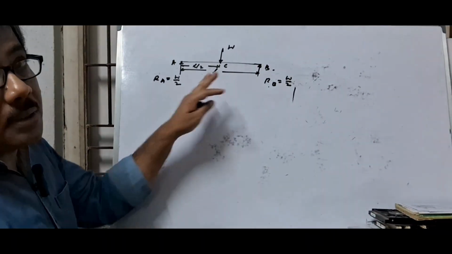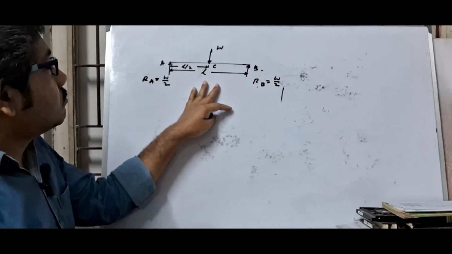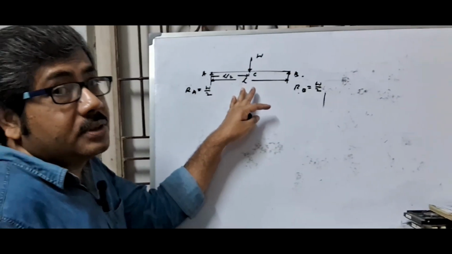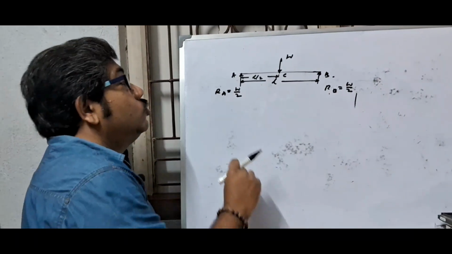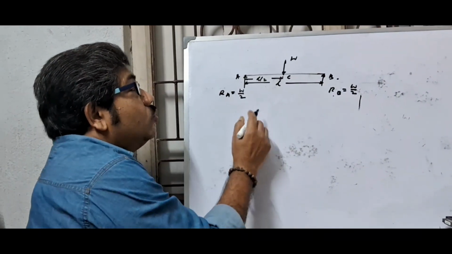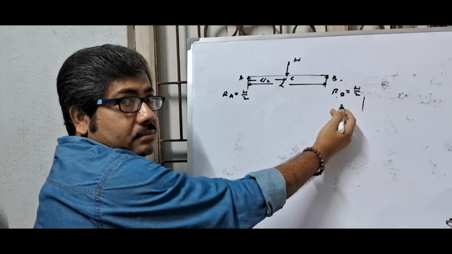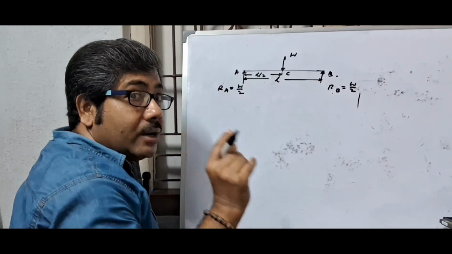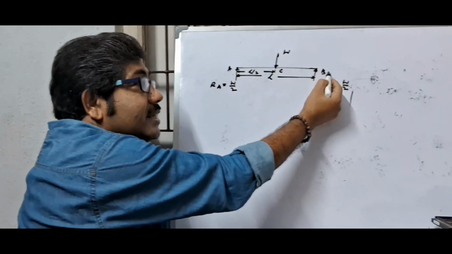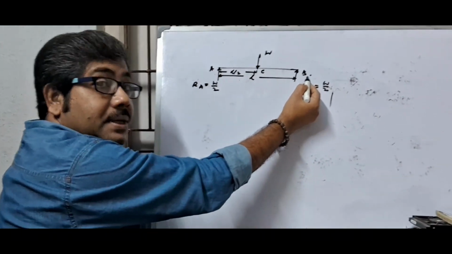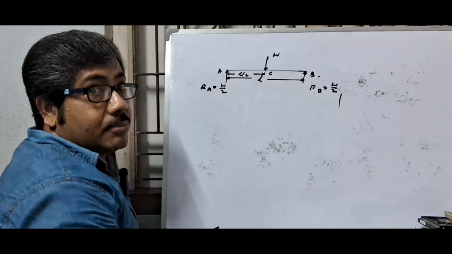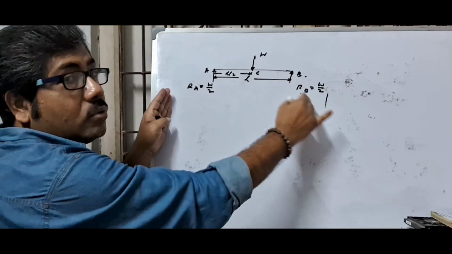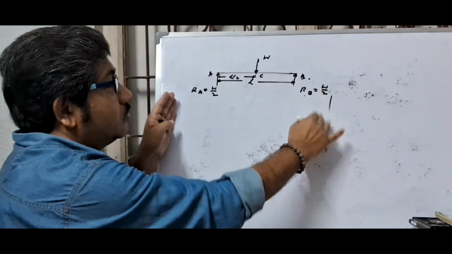Remember, for a simply supported beam, for calculation of shear force, we have to calculate from left to right. From left to right, and the value of shear force at the extreme right hand portion, that means at point B, will be 0. We have to prove it. So remember, from left to right we have to calculate.